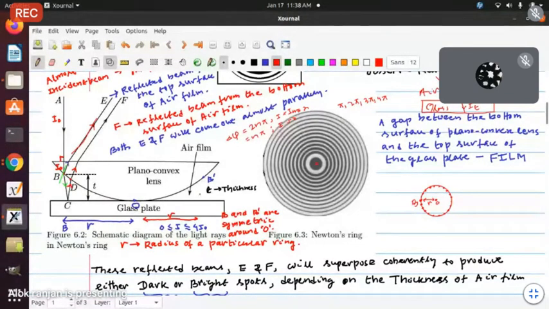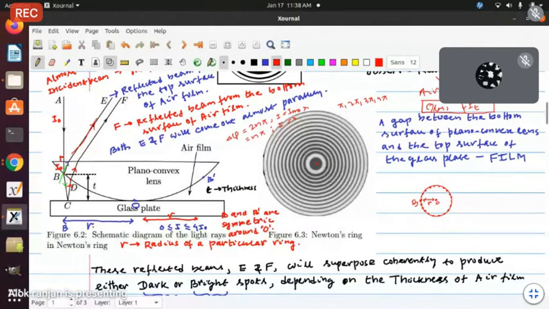If you move out, you can see that we have two parameters, namely R, and the thickness of the air film T. The thickness of the air film is not constant. It varies as you move away from the point of contact or the center of the air film.